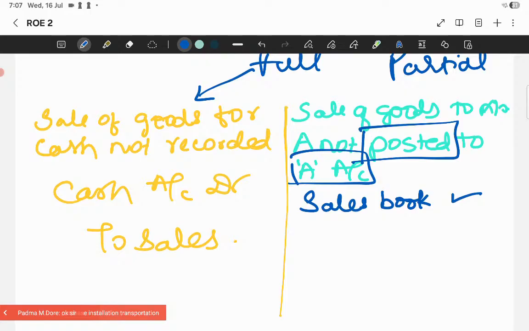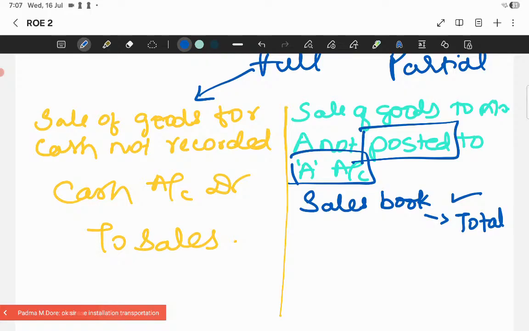And then, remember, the posting of the sales book is not done individually. I am revising this fact. In case of the sales book, the total of the sales book will be posted to the debtors' account, and individual transfers will not take place.